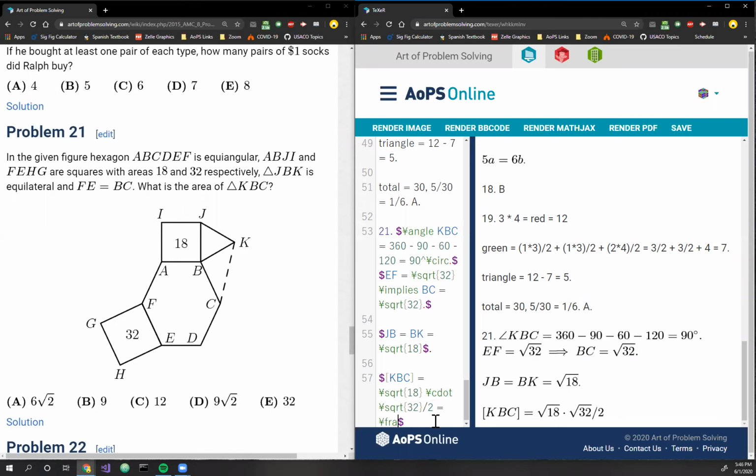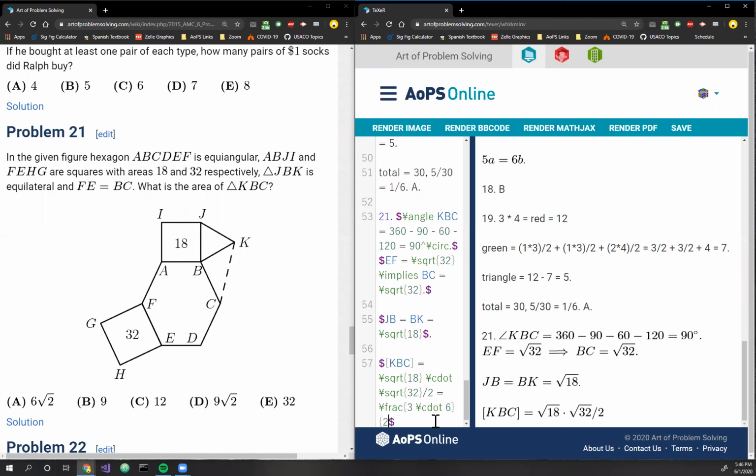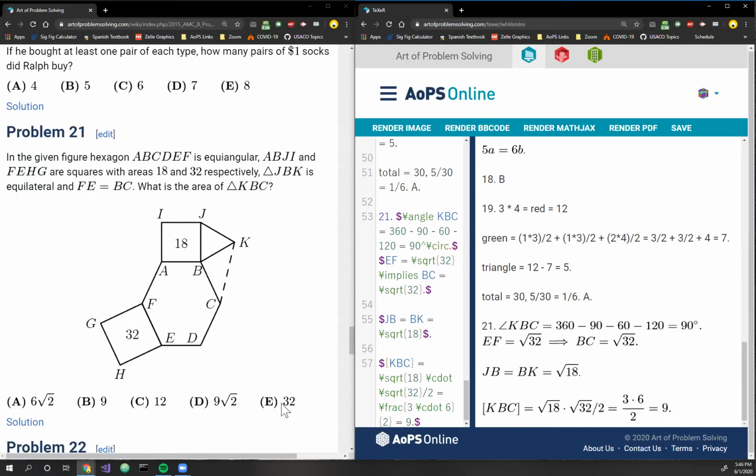So this is equal to that. So the answer is 9. So that means it's B. And this was significantly harder than the other problems we did. And that makes sense because it's later.